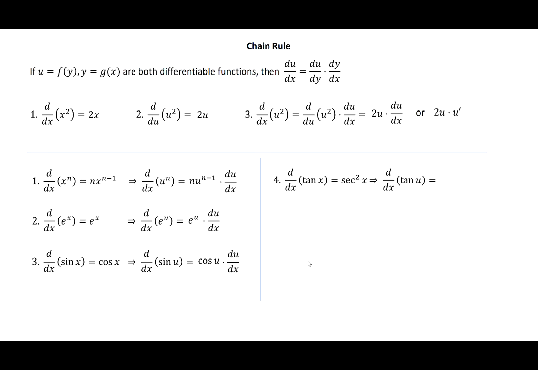And what is the answer? d/du of tangent u is secant squared u, don't stop, times du/dx. d/dx of cosecant x is negative cosecant x cotangent x. d/dx of cosecant u is negative cosecant u cotangent u times du/dx.